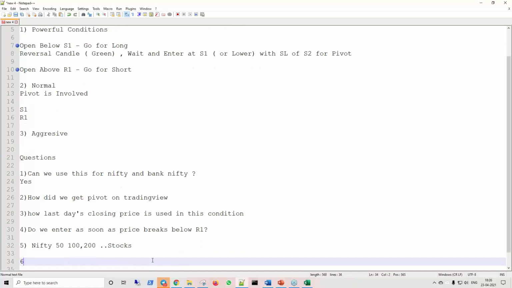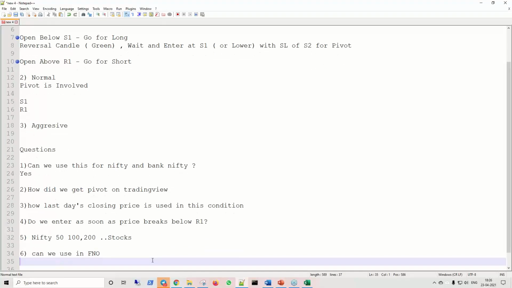Just do it in cash with a small quantity, 100 or 50. How to trade with a small SL, I'll explain a little later.